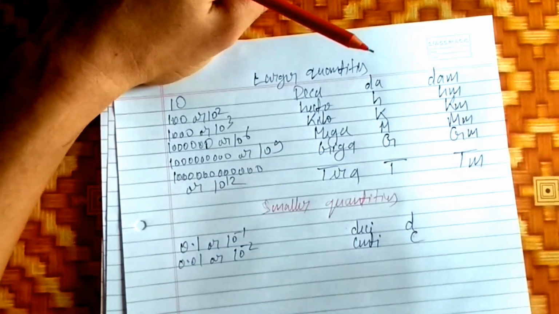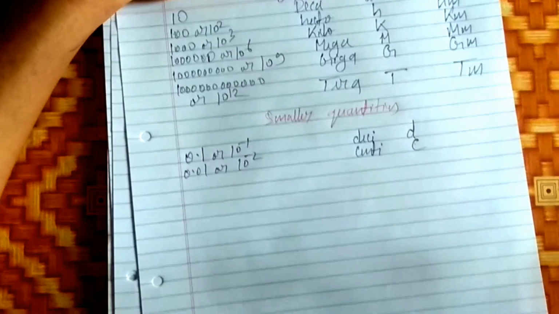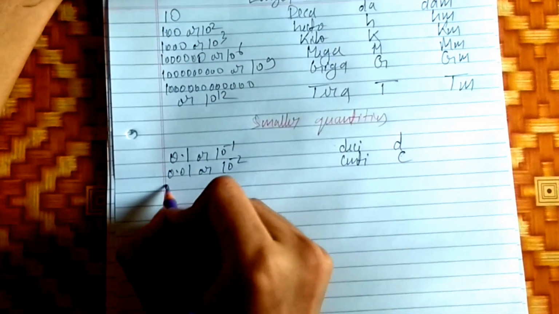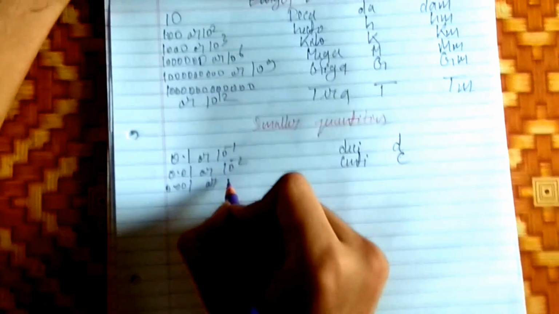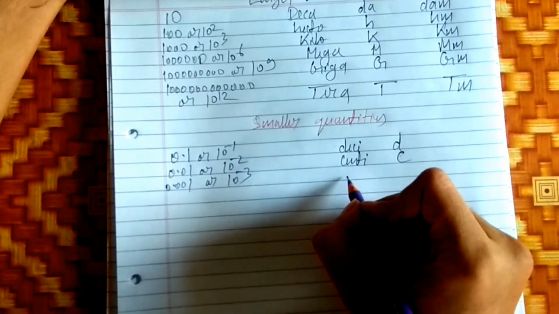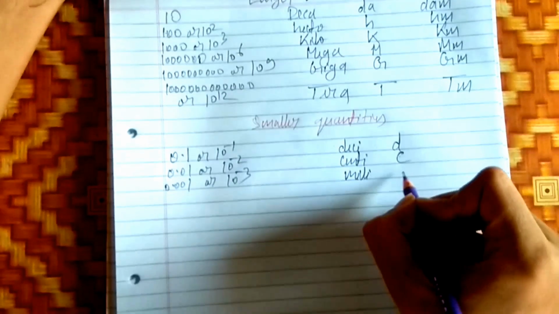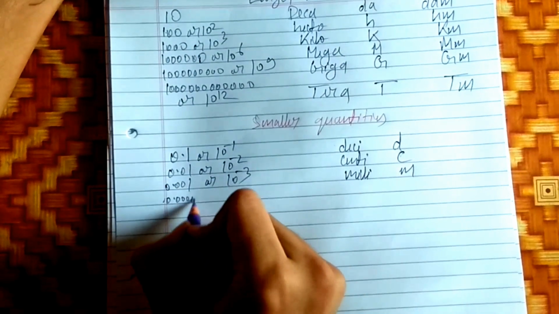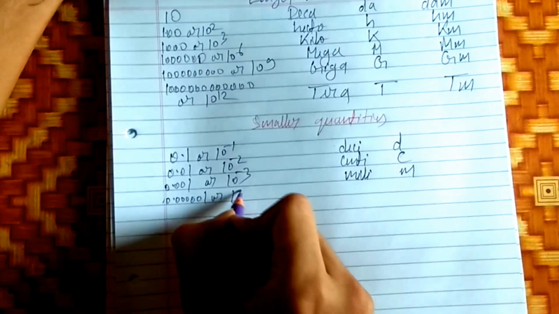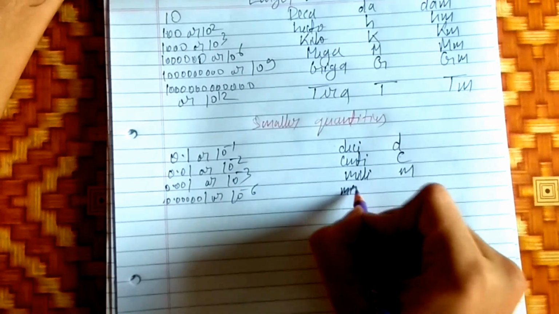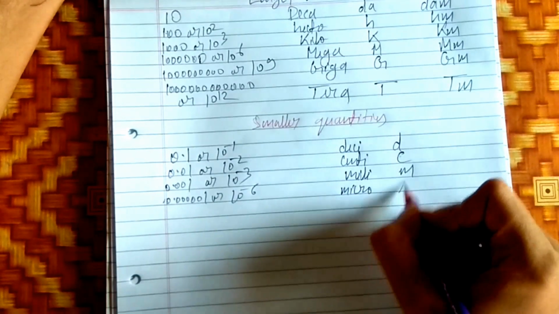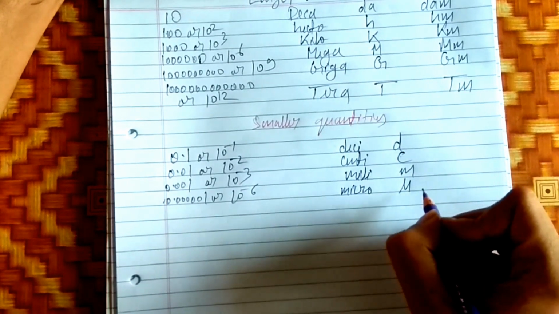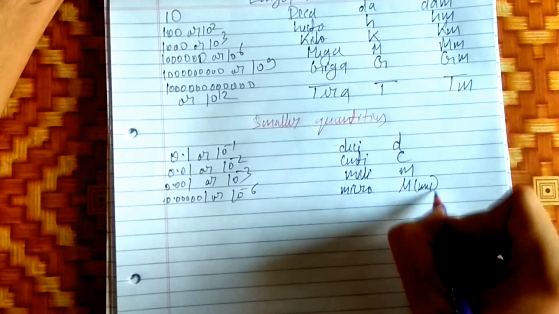For 0.001 or 10 to the power minus 3, it is milli, small m. For 0.000001 or 10 to the power minus 6, it is micro, abbreviated as mu, the Greek letter mu.